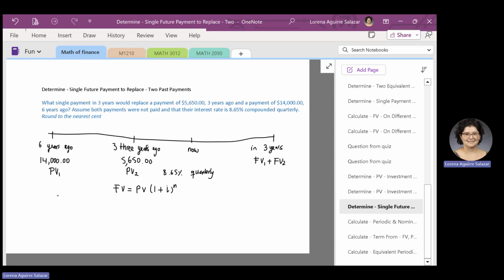Now, to compute the future value of the first quantity, the $14,000, we need to take into account that we start with $14,000. And then we have the nominal interest rate that is usually denoted by j.